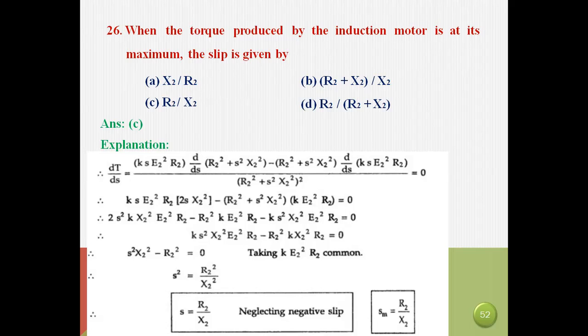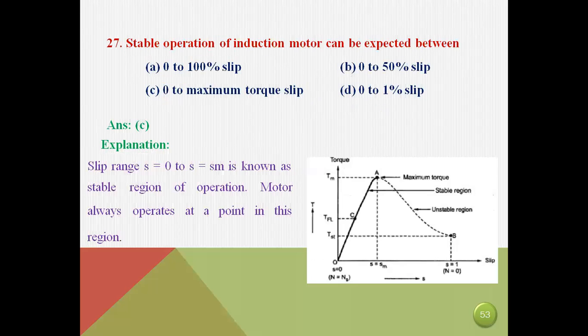You have studied derivatives in mathematics, so you should understand how we take the derivative of torque. With the torque equation in U by V form, you take V into dU by dS minus U into dV by dS, upon V square. If you solve like this and equate it with 0, you will get maximum torque. If you solve, you will get S equal to R2 upon X2. So you get the maximum slip, that will be R2 upon X2.